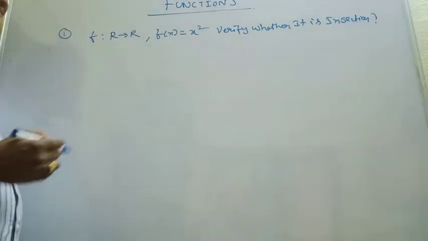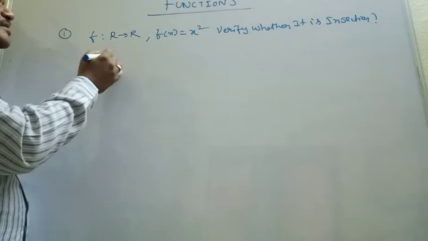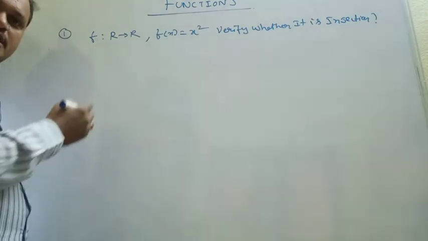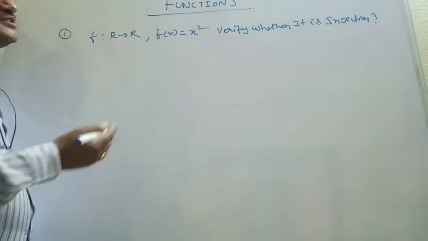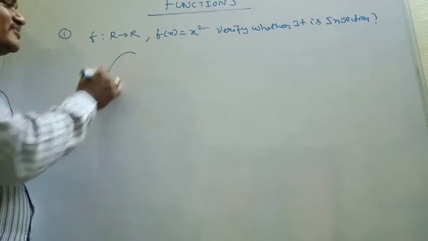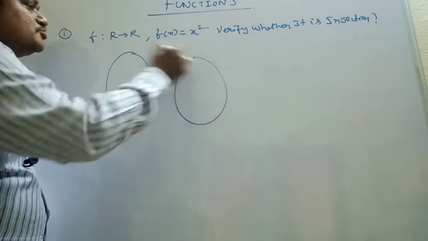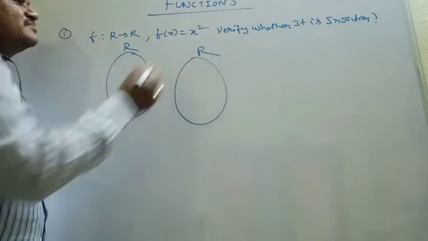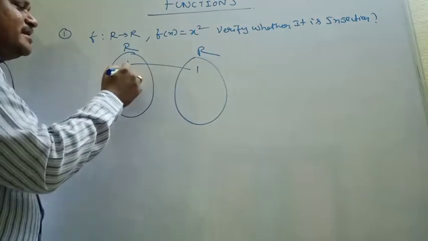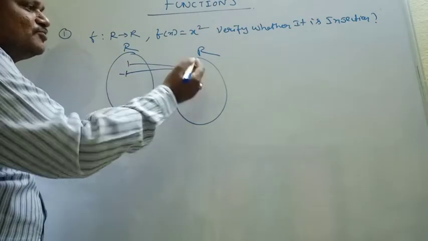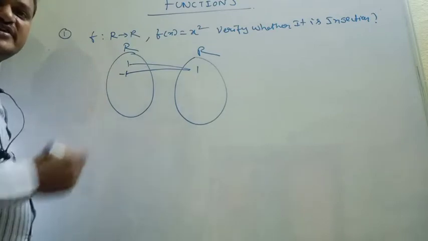You see, how we are going to do this particular problem is, verify whether it is an injection or not means, for example, this is real numbers and this is real numbers. Suppose I take 1, this becomes 1 square, that is 1. If I take minus 1, minus 1 square is also 1, because the rule is f of x equal to x square.